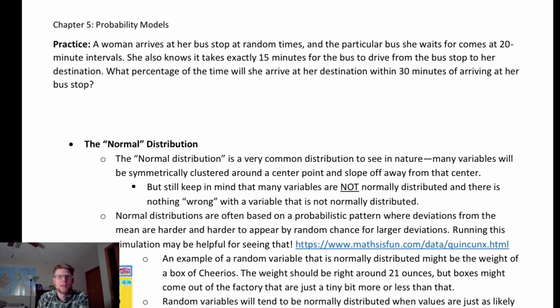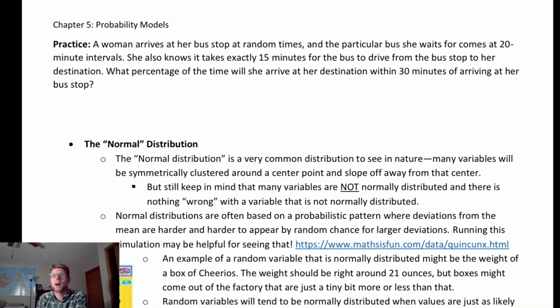All right. So I would just start by noticing that I'm interested here in how long it takes to get to her destination after arriving at her bus stop. And so if I think about the maximum amount of time involved in this question, it would be 35 minutes, right?